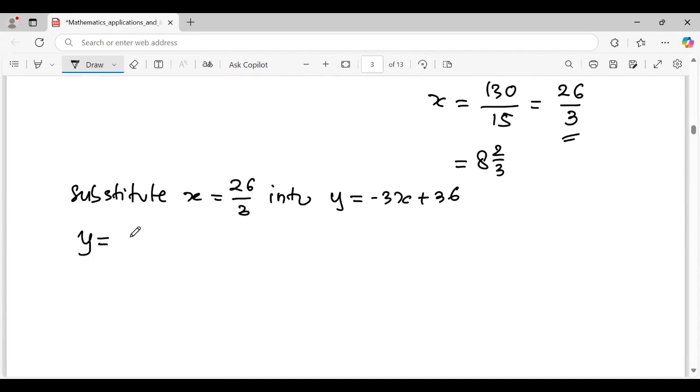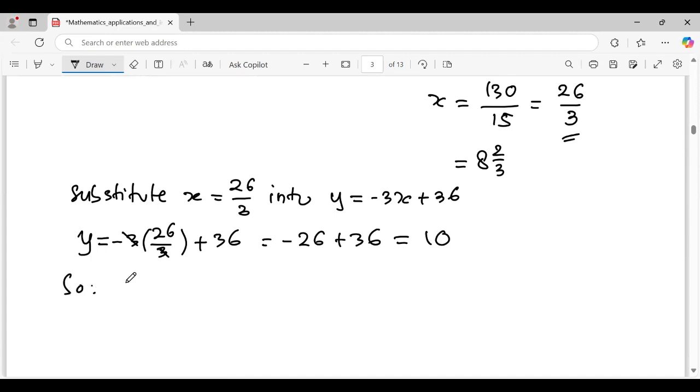So y equals minus 3 multiply 26 third plus 36, which is minus 26 plus 36 equals 10.